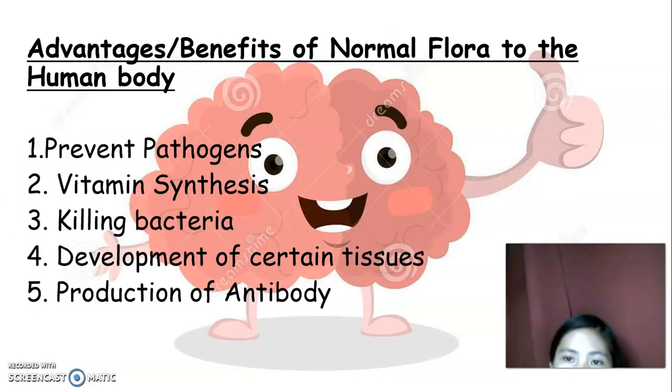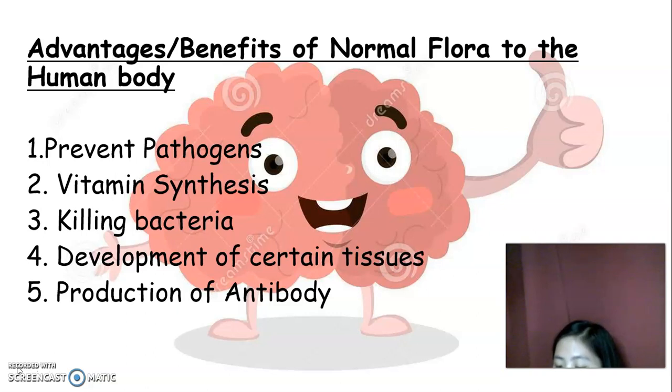Next are the advantages or benefits of normal flora to the human body. First is preventing pathogens. Most importantly, normal flora prevents the colonization of pathogens by competing with them for essential nutrients and attachment sites. Number two is vitamin synthesis.